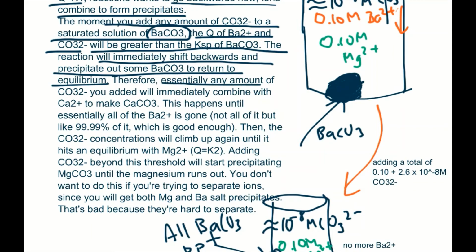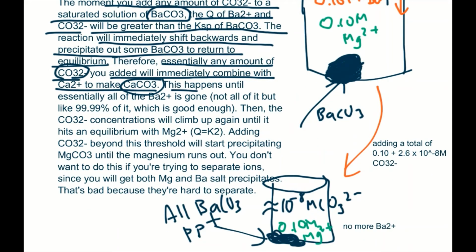Therefore, essentially, any amount of carbonate you add will immediately combine with barium to form barium carbonate, and this must mean that the carbonate concentration will always stay constant, since anything else you add will immediately react with barium to form a precipitate. So this actually happens until all of the barium is gone. Not all of it, but like 99.99% of it, which is basically all of it.